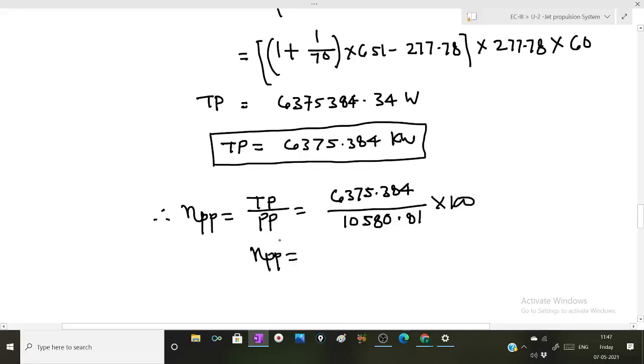So it comes out 60.25% propulsive efficiency.